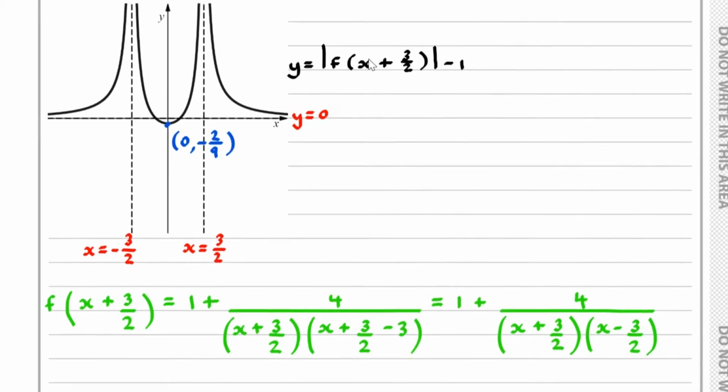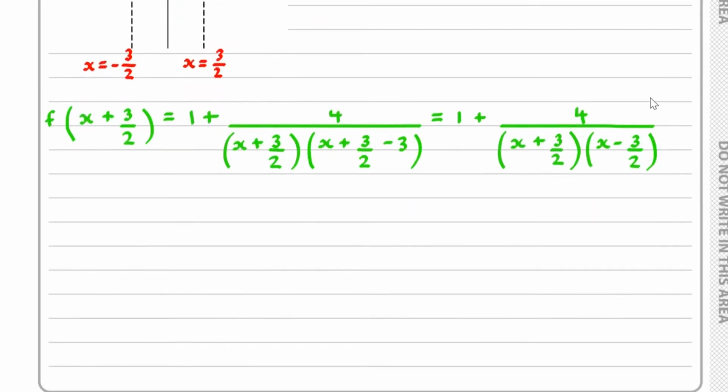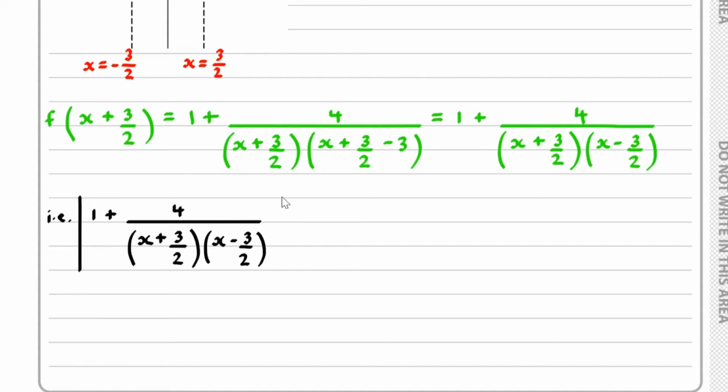So if we now replace y with 0 and then solve this equation, what we would have then is the modulus of 1 plus 4 over x plus 3 over 2 multiplied by x subtract 3 over 2, subtract 1 equals 0.